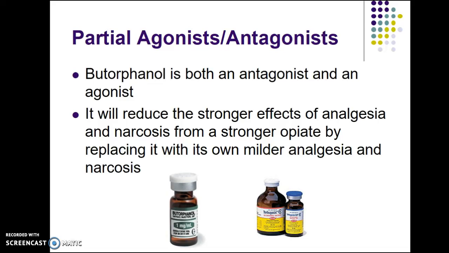And butorphanol is one of those drugs that can block or antagonize the morphine, but also sitting on those same receptors, provide some analgesia. So that's a partial agonist antagonist. It somewhat reverses the effect of something that we want it to reverse, but it also has its own effect.